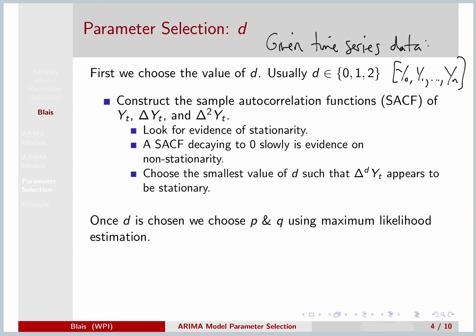And in general, you really want to do it as few times as possible, because remember, we are going to then integrate our time series to get a model for our original time series. So we would integrate the differenced time series that's being modeled as an ARMA. After we choose d, then we move to p and q.